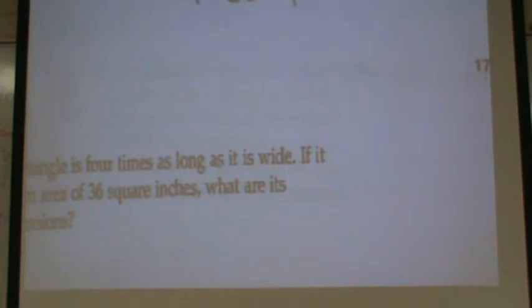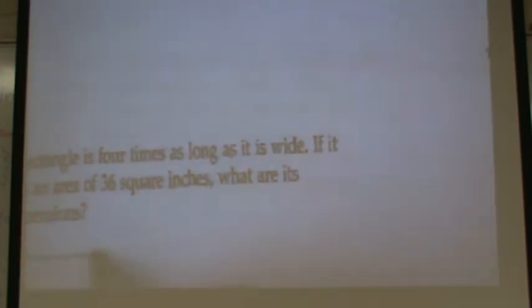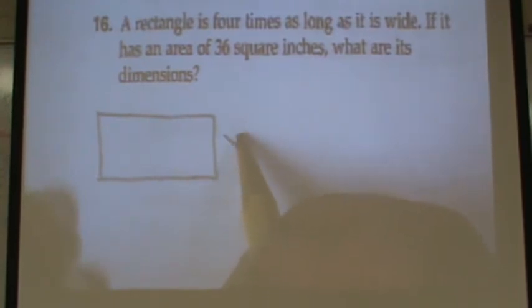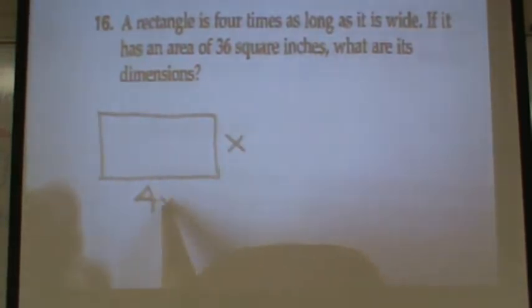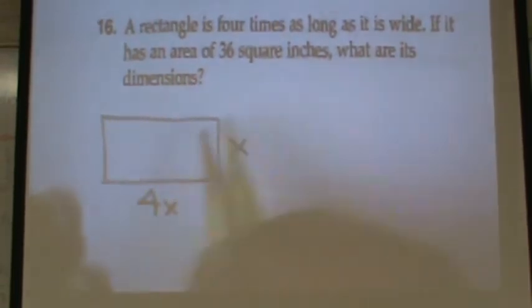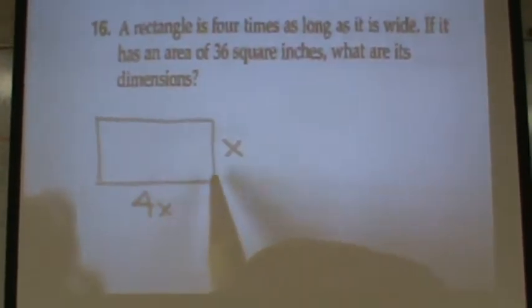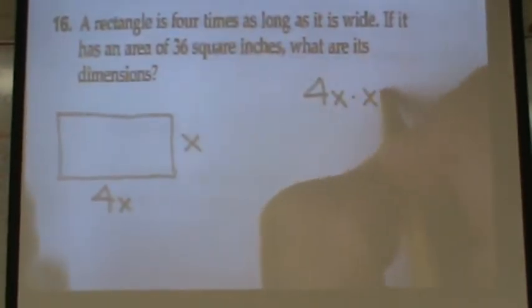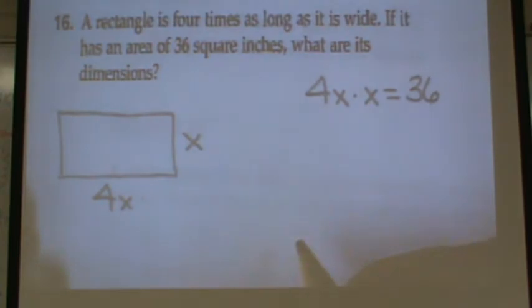Number 16. A rectangle is 4 times as long as it is wide. So here's your rectangle. It's 4 times as long as it is wide, so x, and then this would be 4x. If it has an area of 36 square inches, what are the dimensions? If you multiply these two together, 4x times x, set this equal to 36.